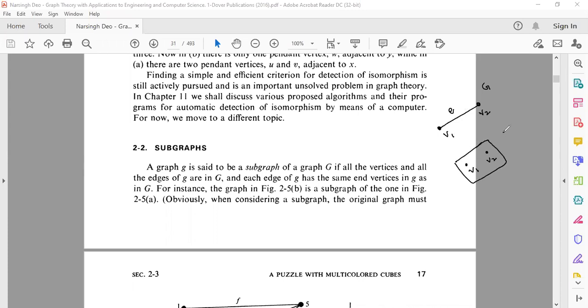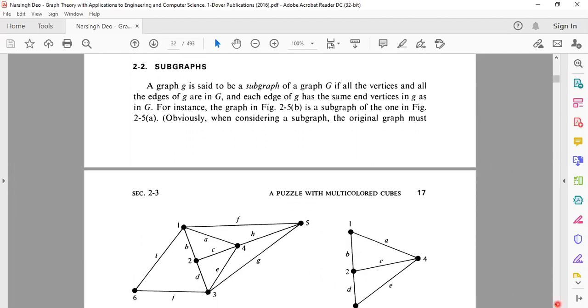This will be a subgraph of the graph capital G. Not only this, the graph capital G will also be a subgraph of itself. These types of subgraphs are called the trivial subgraphs. But apart from that, other subgraphs are also possible. With an example, I'm going to show, the example is already shown over here.